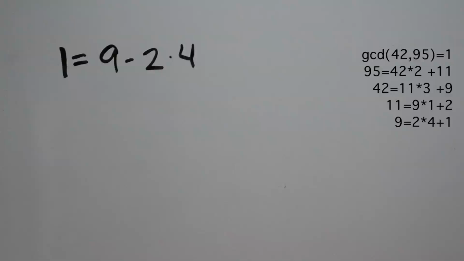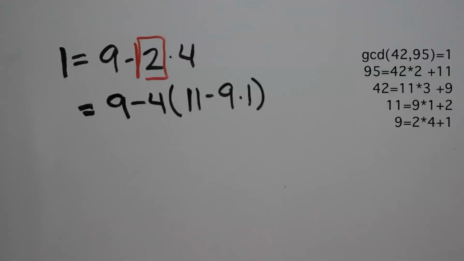So we break it down. We have 1 equals 9 minus 2 times 4. And feel free to go back and reference that list or write it down as you're working your way up. We take that 2 and we replace it with what we found 2 to be equal to in our set of remainders. We have 9 minus 4 times 11 minus 9 times 1.